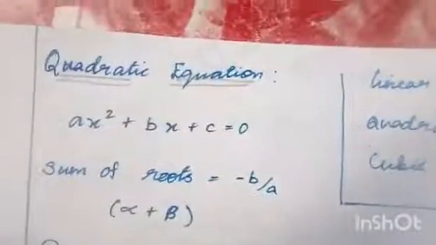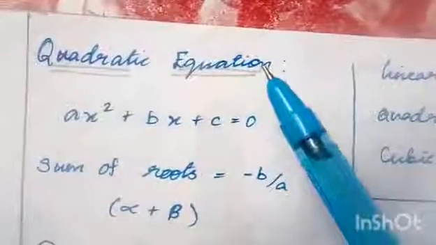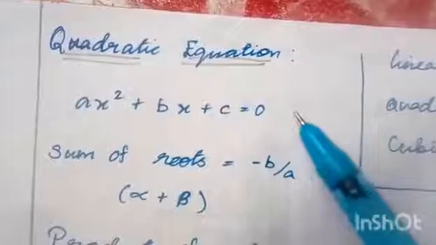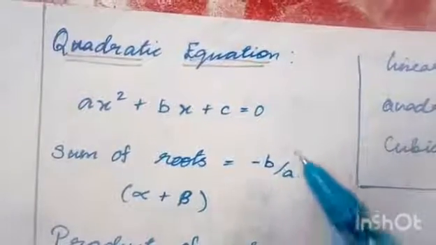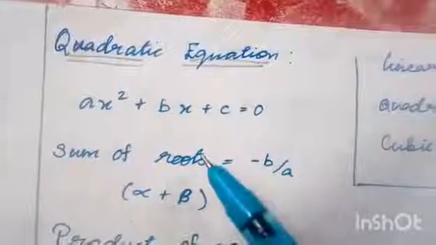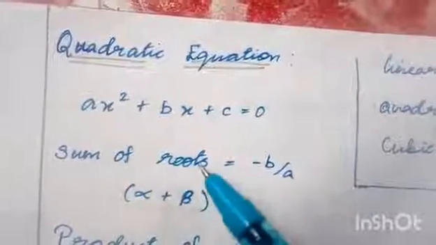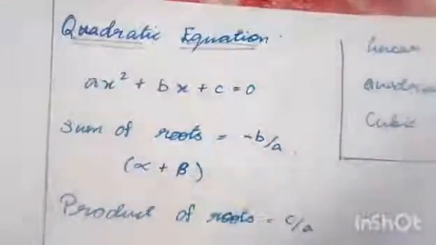Now for the quadratic equation, you have to write the heading in your note, quadratic equation, then write the general form ax square plus bx plus c equal to 0. Then you have to write the formula, sum of roots minus b by a. Two roots we consider as alpha and beta. So sum of roots, alpha plus beta, equal to minus b by a.